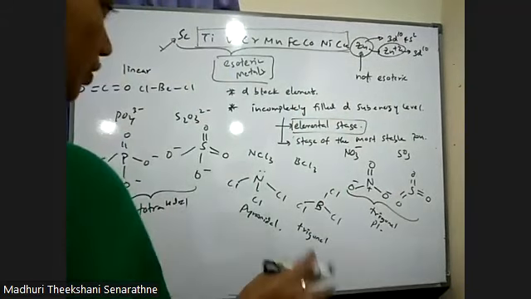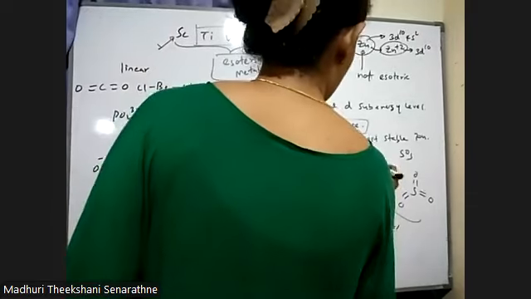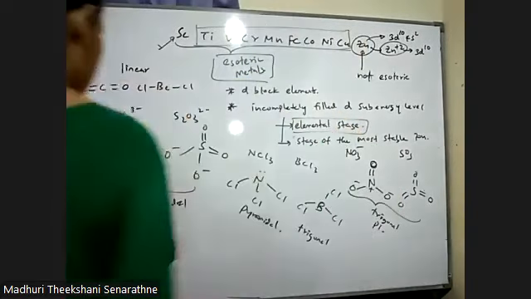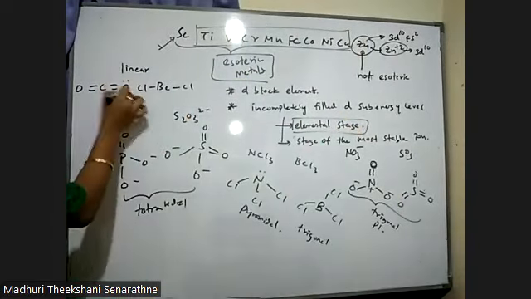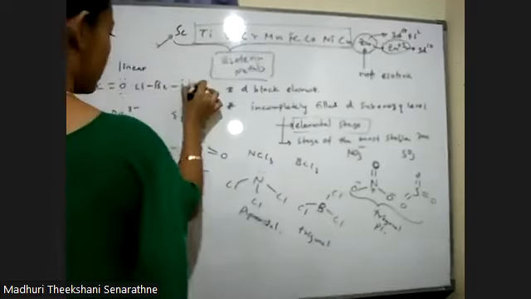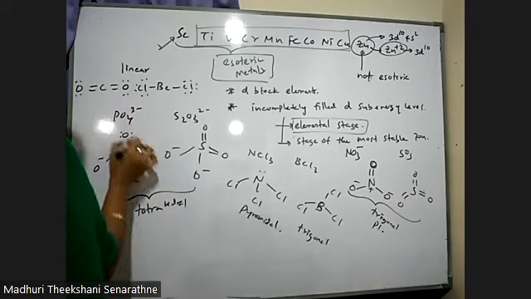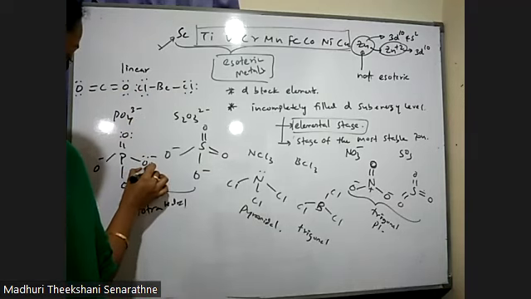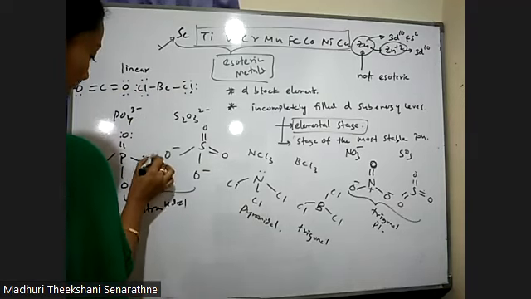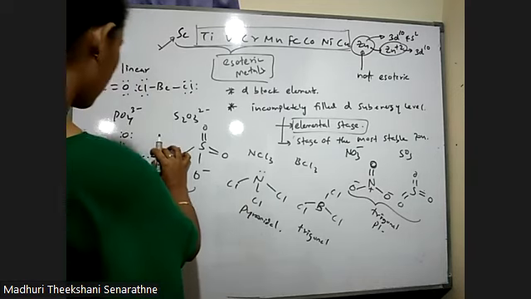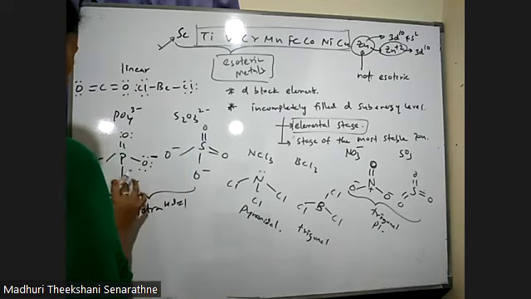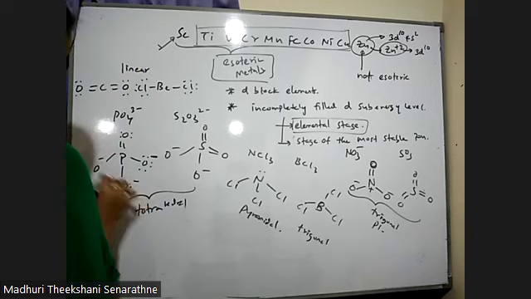Can you draw the Lewis structure? Can you fill the remaining electrons here? Like that. Seven electrons should be around the chlorine. Oxygen has 6 electrons, plus additional electrons due to the negative charge.